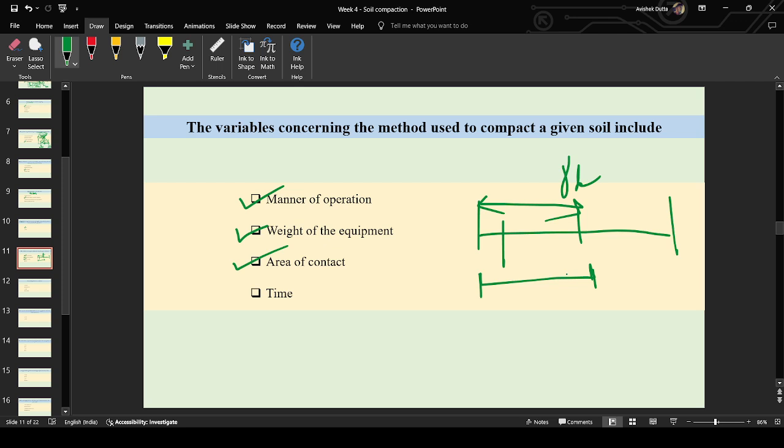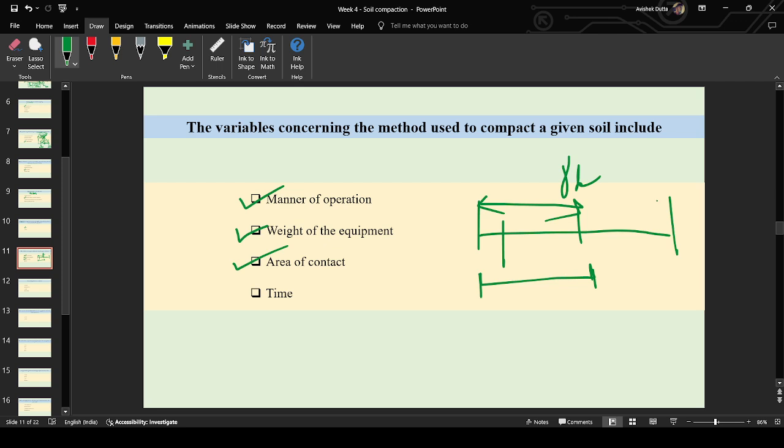It is not like you take a soil sample and you just give it one blow and it is compacted, right? In the laboratory standard proctor test also, we need to give 25 number of blows, right? We cannot just give 5 or 6 blows and say it is completed. The compactive energy is one point, but along with the compactive energy there is time involved.